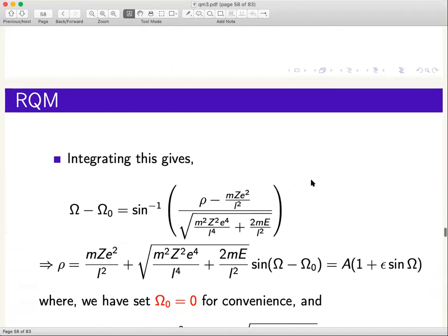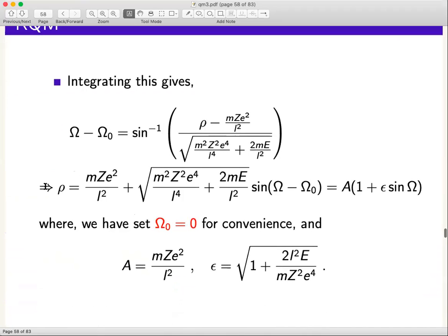Okay, so if you integrate that, you get a solution for omega minus omega naught, and you can invert that relation to write down rho in this particular fashion. And this is what is called the equation of an ellipse.